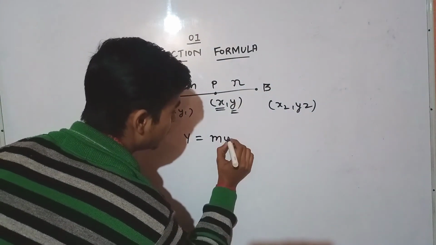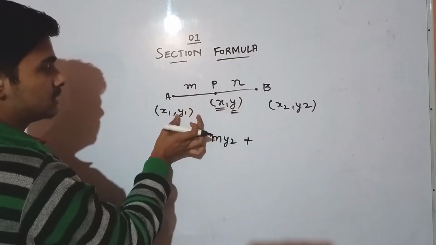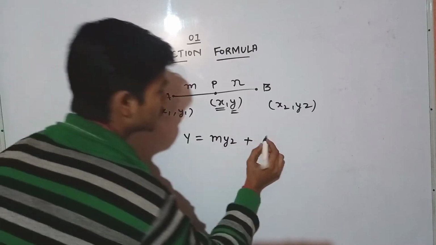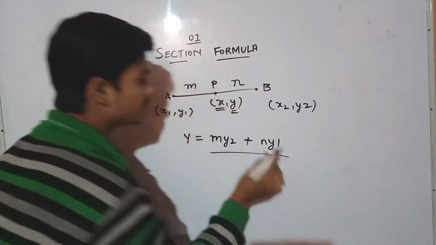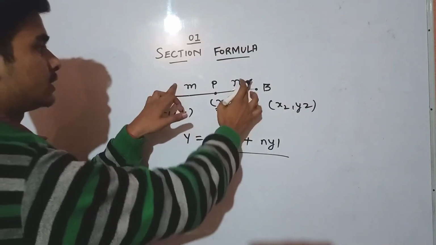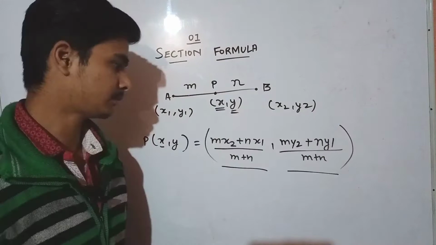So m into y2 plus this n ratio multiplied by the y coordinate of point A. So n into y1. Now divide it with the same thing, the sum of the ratio, m plus n.